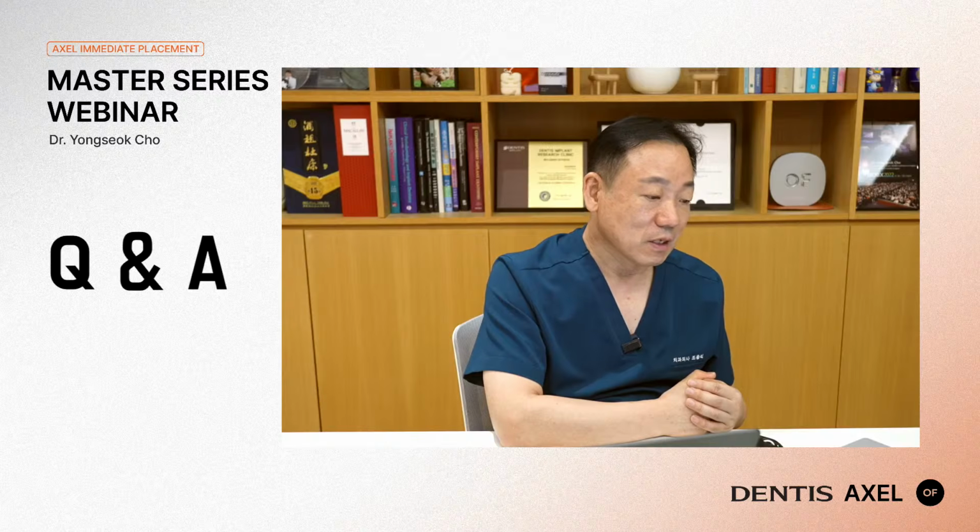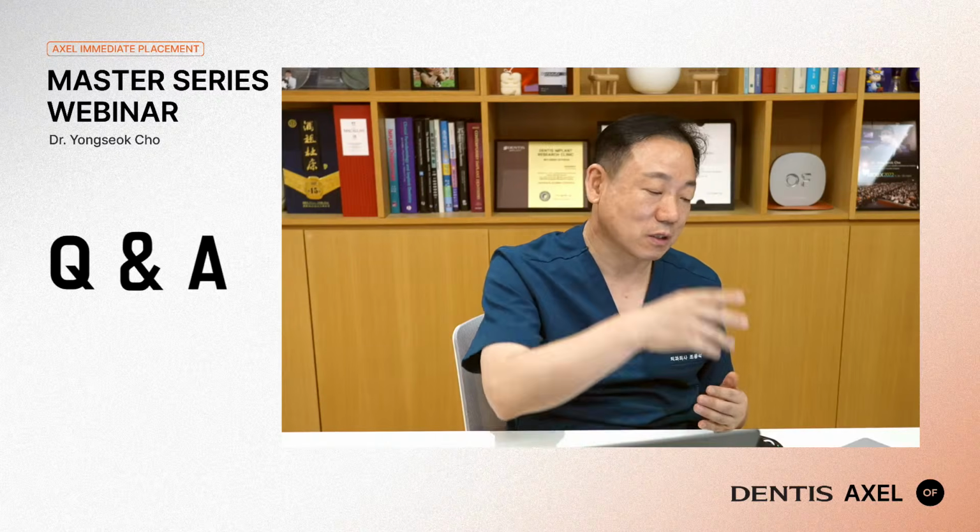It is too early, and he connected a cover screw because he couldn't prep the apical portion. That's the usual situation when you do early implant. Okay, he asked me, should I wait longer? Another dentist also made the answer, yes, you should wait longer than 2 months.